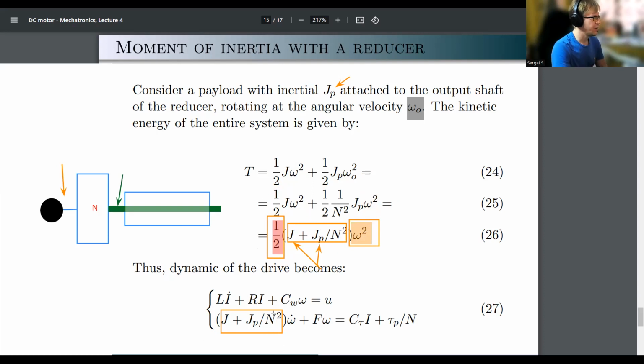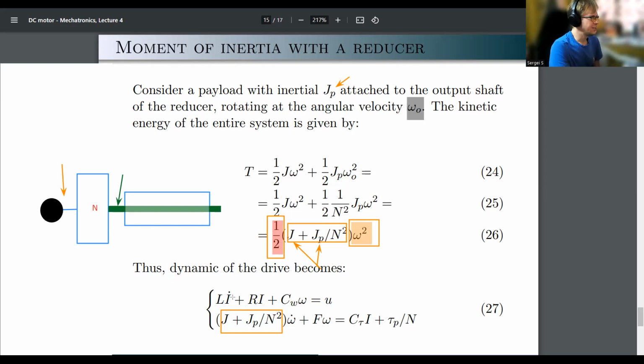This division by n squared, when we have a reducer, means that for the rate of change of angular velocity, it is like this outside mass that would have prevented it normally isn't as effective because of the reducer.